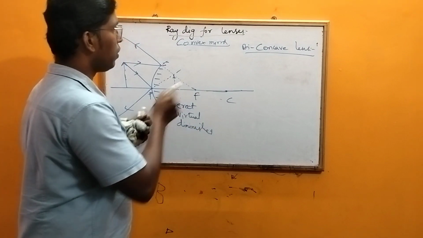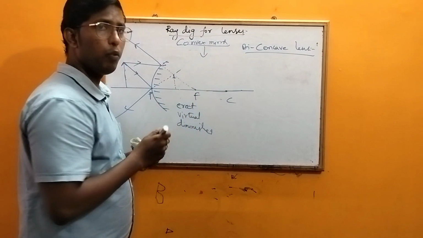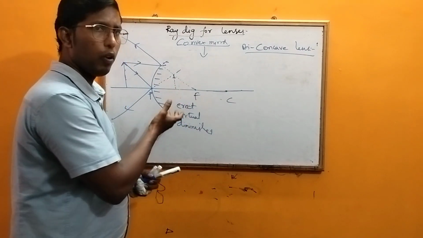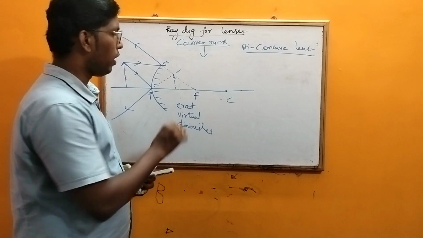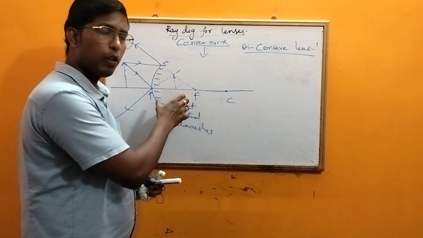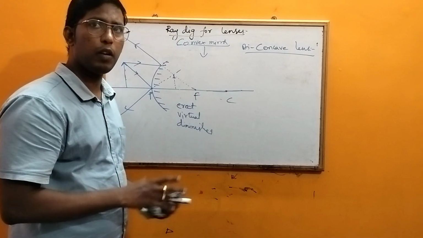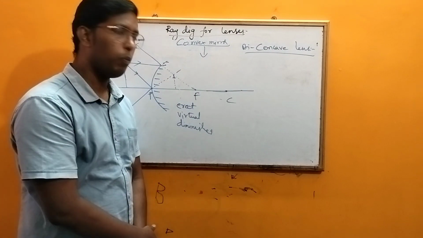That is the reason why we use convex mirror as a rear view mirror, because wherever the object distance lies, the image will be formed between pole and focus point, and it looks smaller in size, it looks straight, it doesn't look reversed. That is the reason we use convex mirror for side mirrors of automobiles.